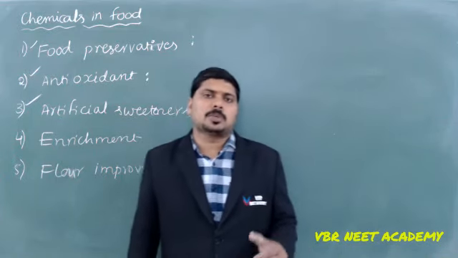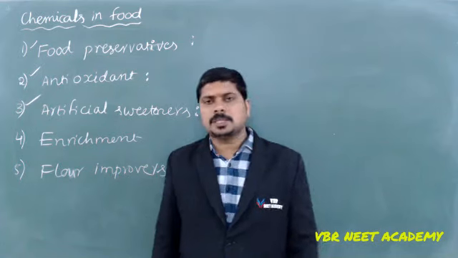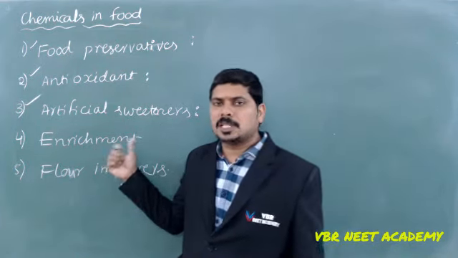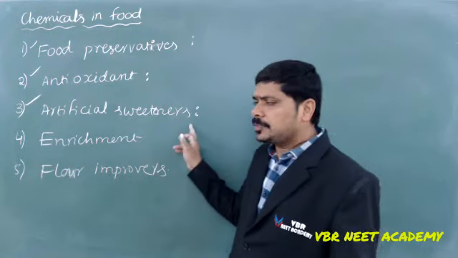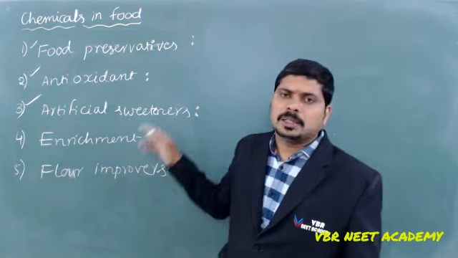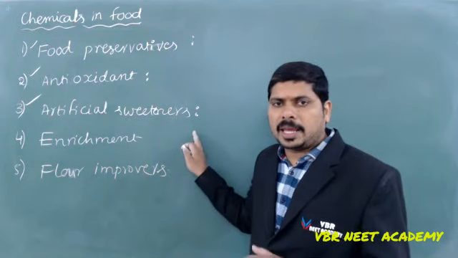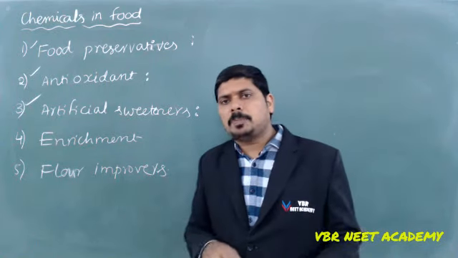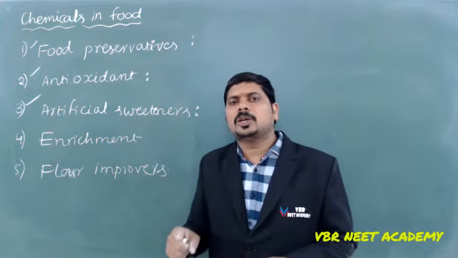For that purpose, we are given a solution in the form of artificial sweeteners. These add sweetness to your food but do not add any calorific value to your body, and they are not biodegradable in the human body.